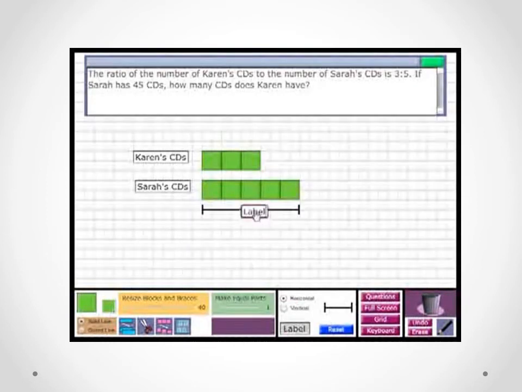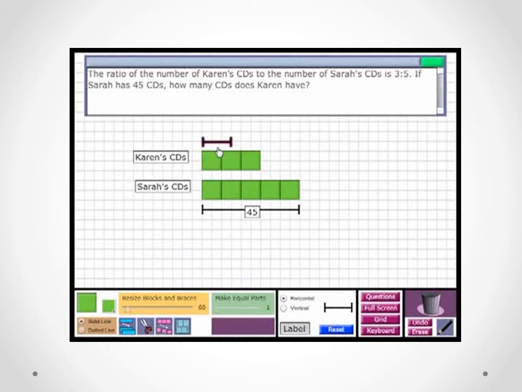And we can show that by labeling Sarah's blocks with the number 45. The question asks, how many CDs does Karen have? Well, that's what we're trying to find out. So we can label Karen's blocks with a question mark. And now our model is complete.